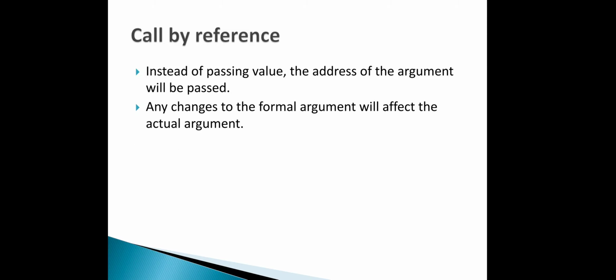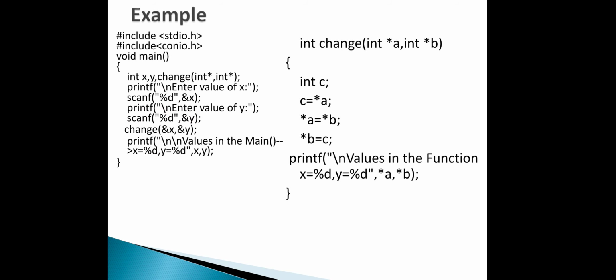And next is call by reference. Here, instead of passing the value, the address of the argument is passed. If there are any changes to the formal arguments, it will affect the actual arguments. So this is the example for call by reference, or call by address.